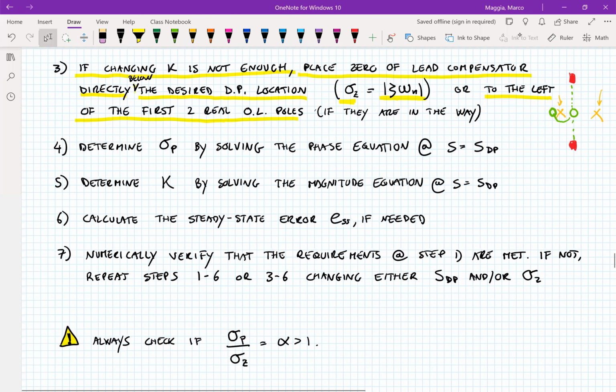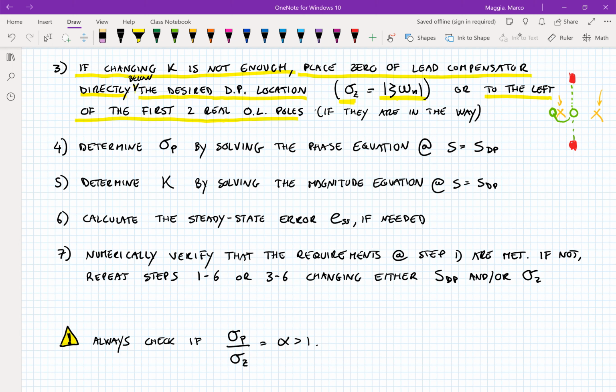But again, step 3 is arbitrary. That's why you don't really have to pick the location of the zero right below the dominant poles. That's why you can also choose it a little bit towards the left.